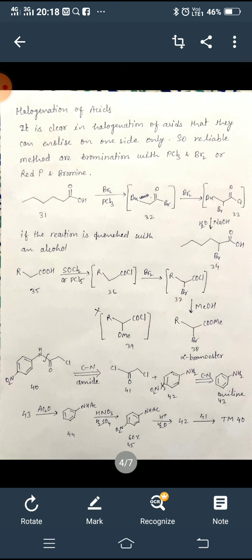Then disconnect the carbon-nitrogen bond, and we get the aniline.